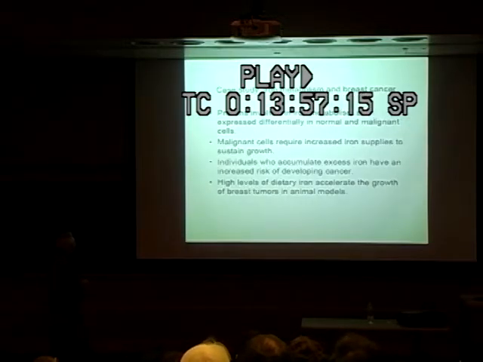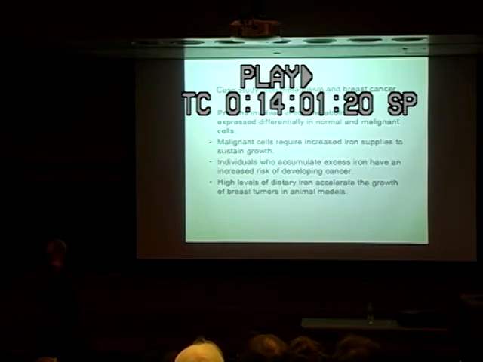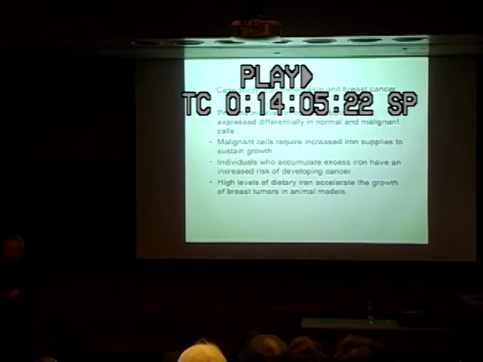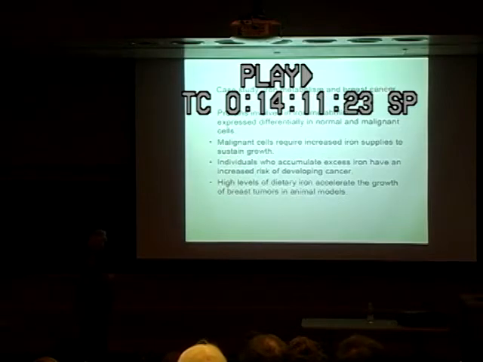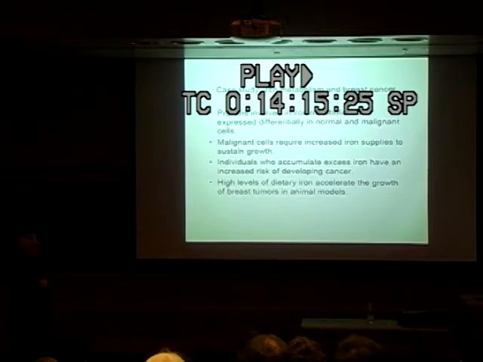The case study I want to show you is iron metabolism in breast cancer. I'm very fortunate to have some great collaborators at Wake Forest University Medical Center at the Comprehensive Cancer Center who have studied iron metabolism in breast cancer for a long time. So I'll talk a little bit about this.